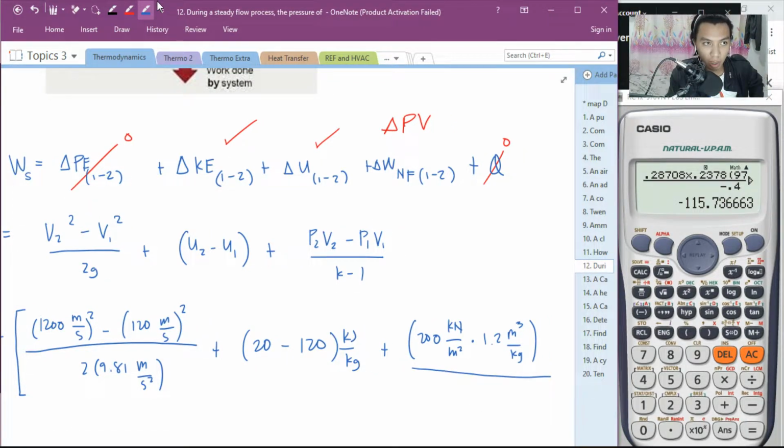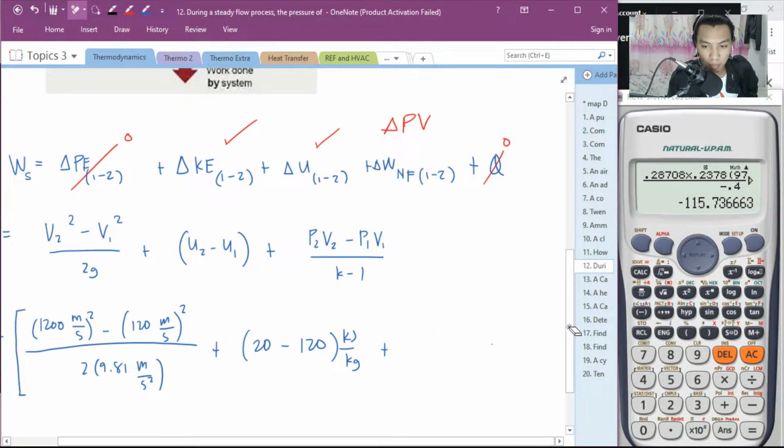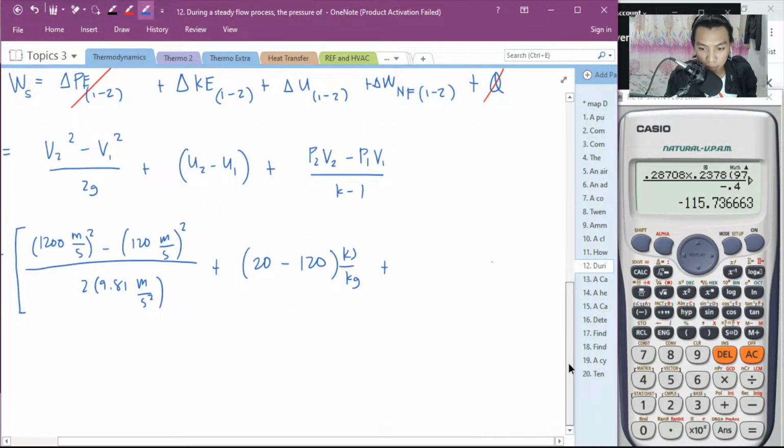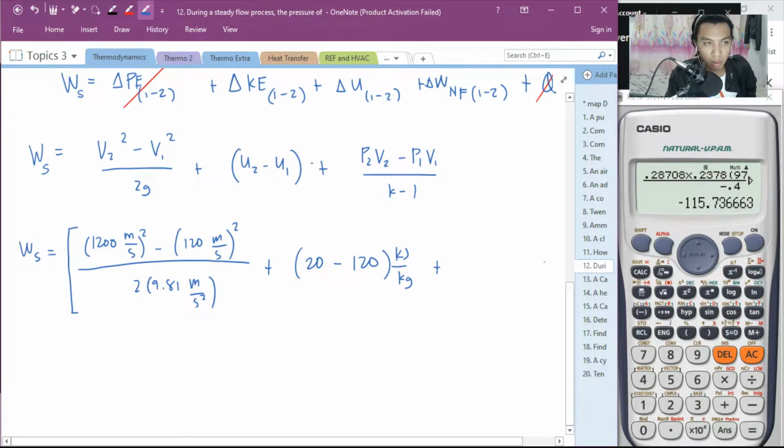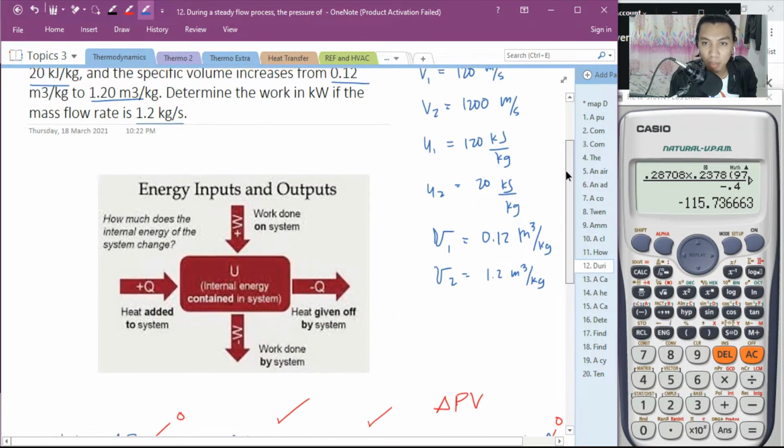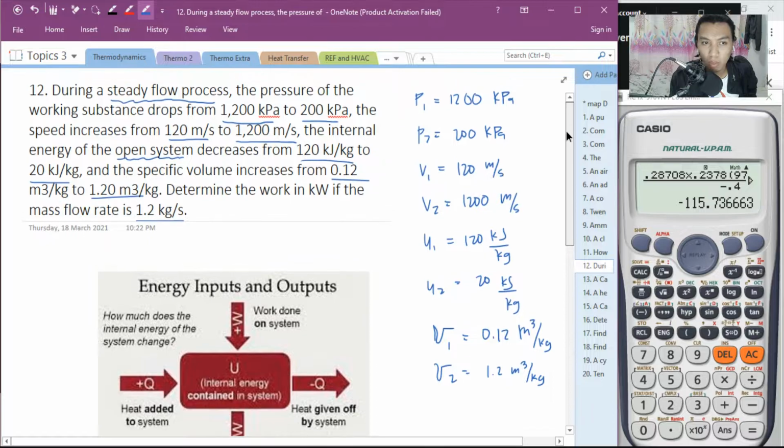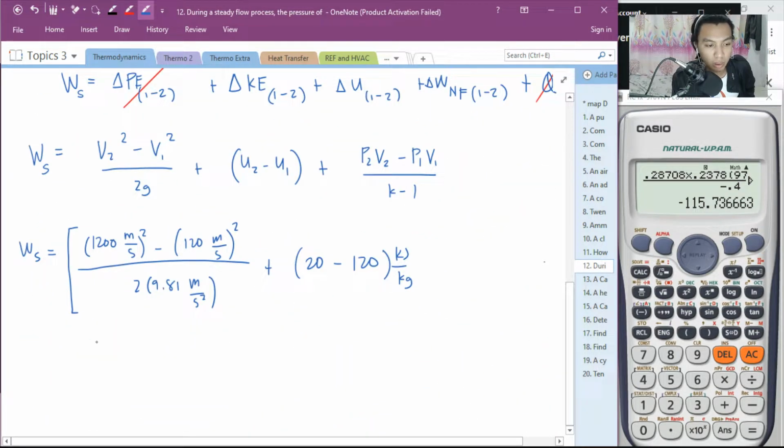No, I'll move it below so that it fits. Okay? Plus, what is P1? P2. There, 200 kilonewton per meter squared multiplied by 1.2 cubic meter per kilogram.